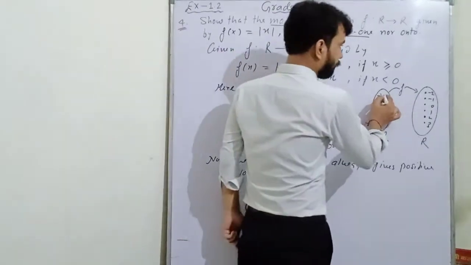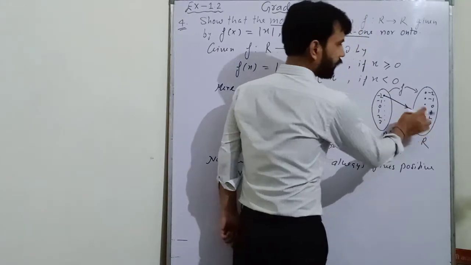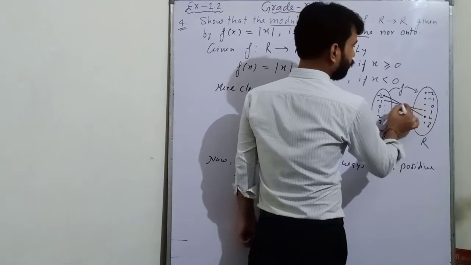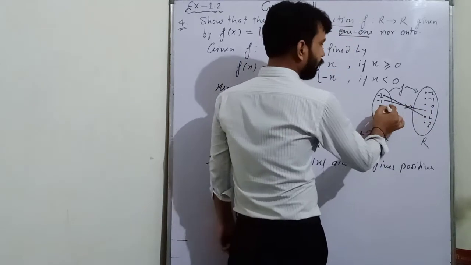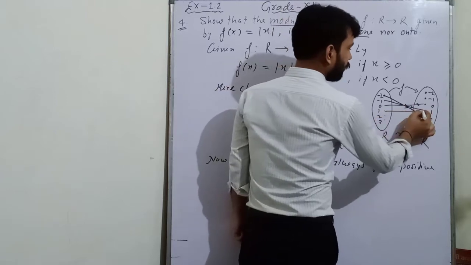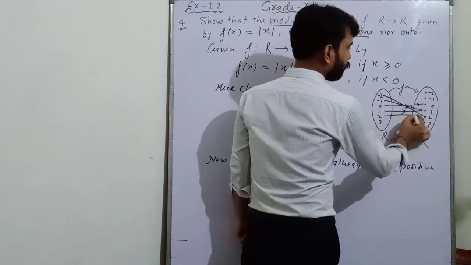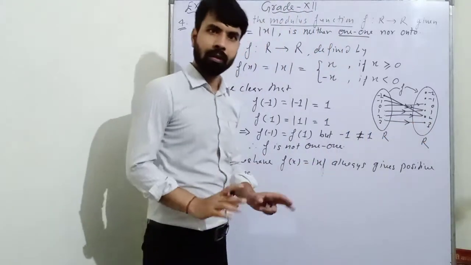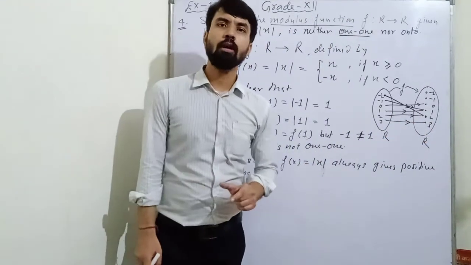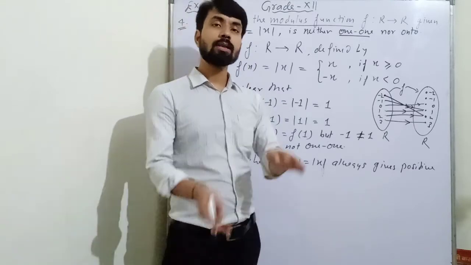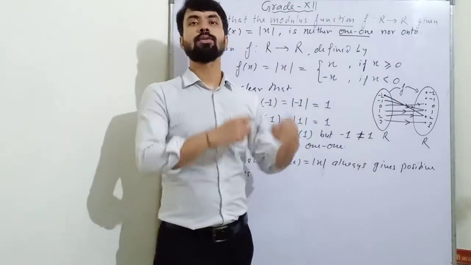So the image of -2 is 2. The image of -1 is 1. The image of 0 will be 0. The image of 1 will be 1. Image of 2 is 2. Image of 3 is 3. Clear? According to the definition of onto function, every element of its codomain must have its pre-images in its domain.